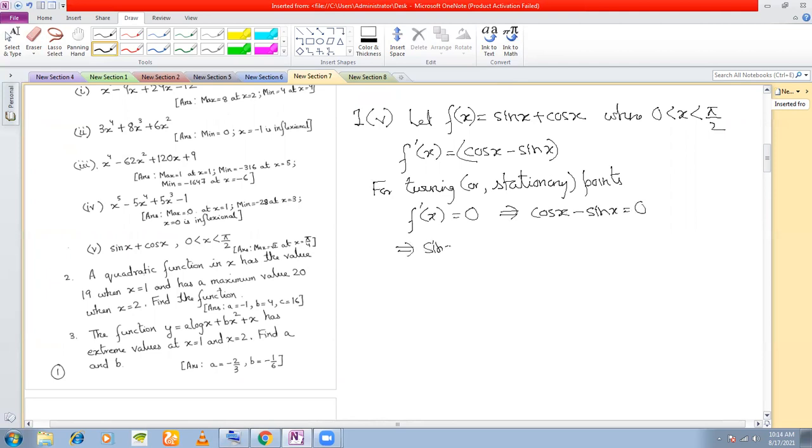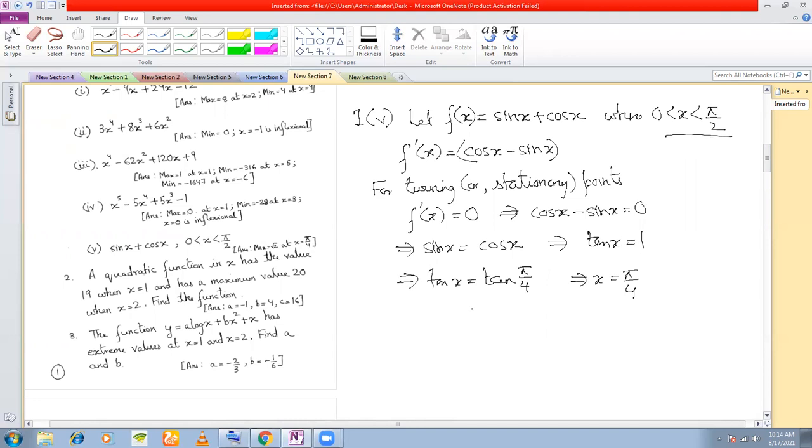Then sin x is equal to cos x. Sin x is equal to cos x means tan x is equal to 1. Now tan x is equal to 1 means, because x lies between 0 and pi by 2, tan x is equal to 1 means tan pi by 4. That means x is equal to pi by 4. Why only tan pi by 4? Because we see that x lies between 0 and pi by 2.